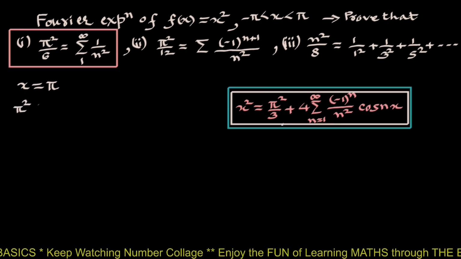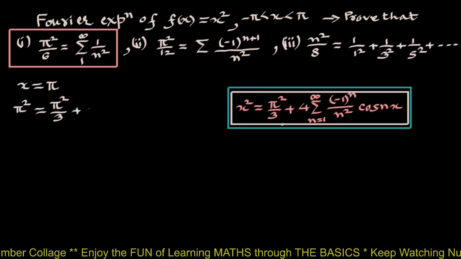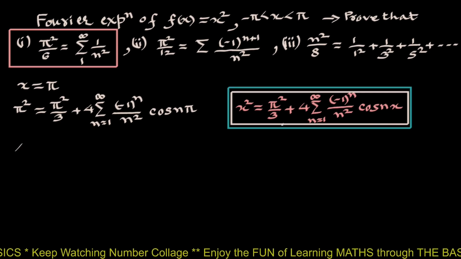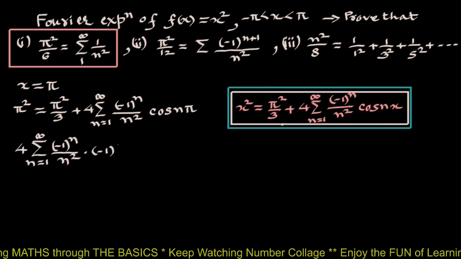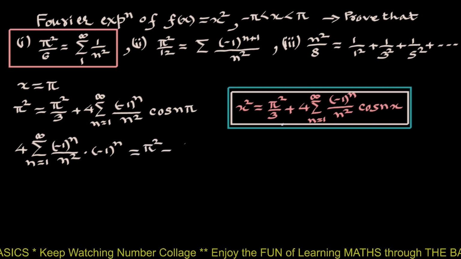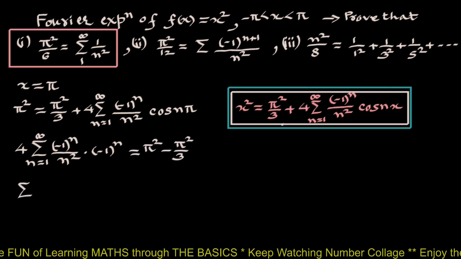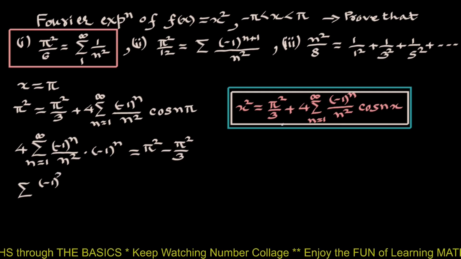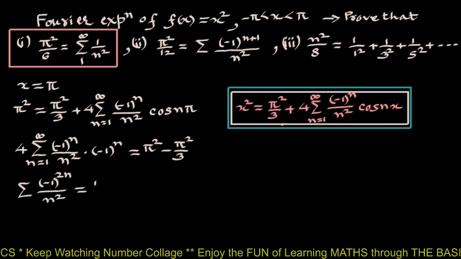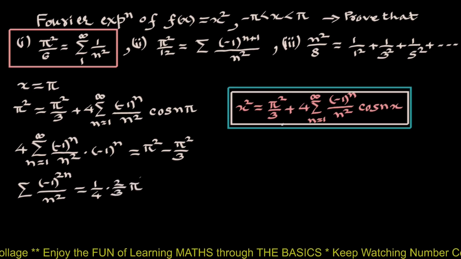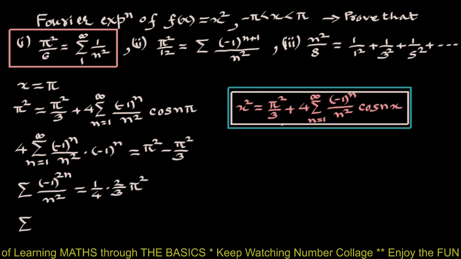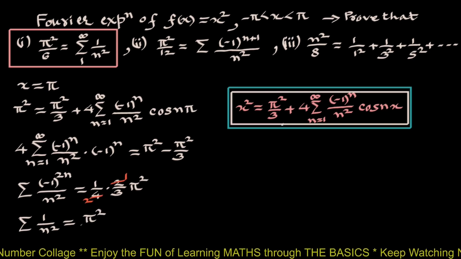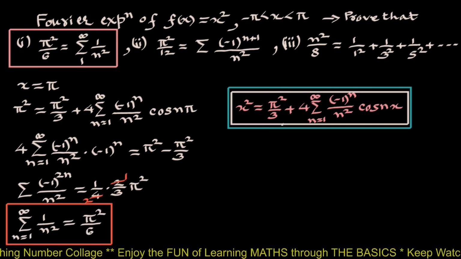So this will be pi square equals pi square upon 3 plus 4 summation minus 1 to the power n upon n square cos n pi, which is into cos n pi is minus 1 to the power n, equals pi square minus pi square upon 3, which is minus 1 to the power n into minus 1 to the power n will be minus 1 to the power 2n upon n square equals 1 upon 4 into 2 by 3 pi square, which is summation minus 1 to the power 2n is 1, upon n square equals pi square upon 6, which is the deduction of this first result.